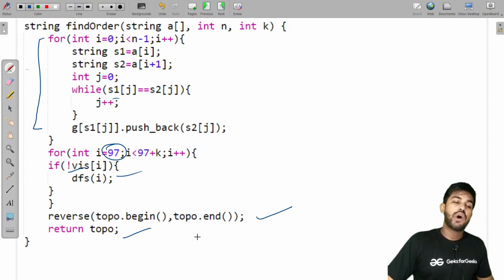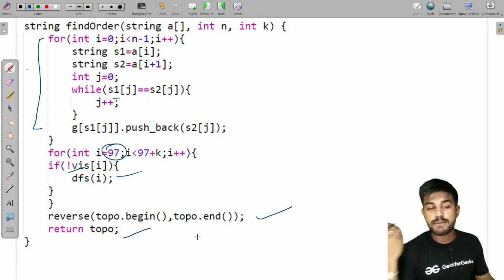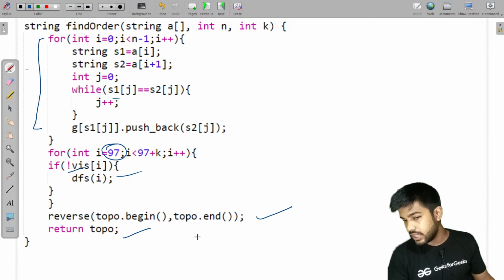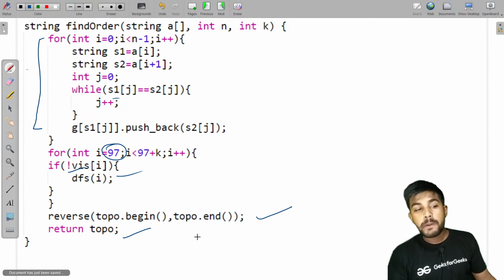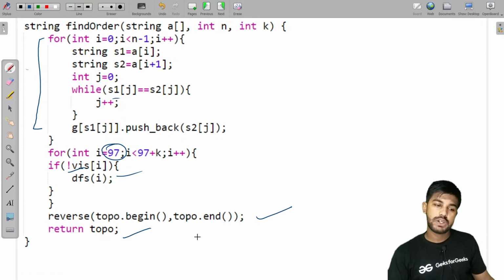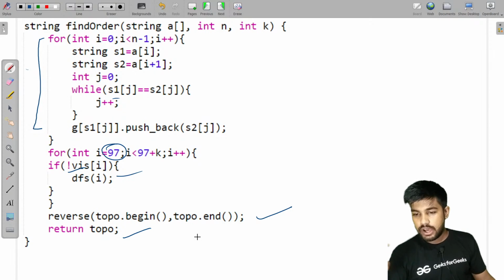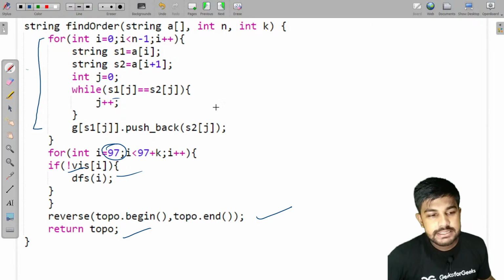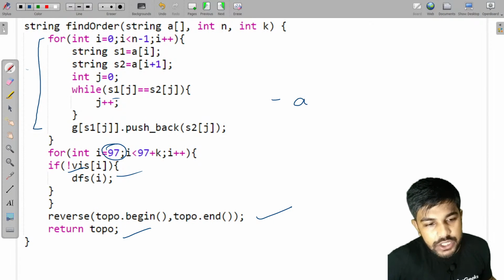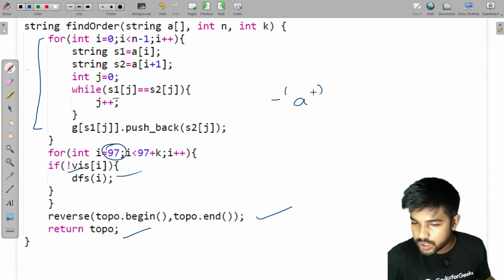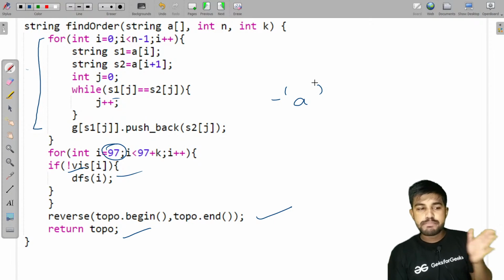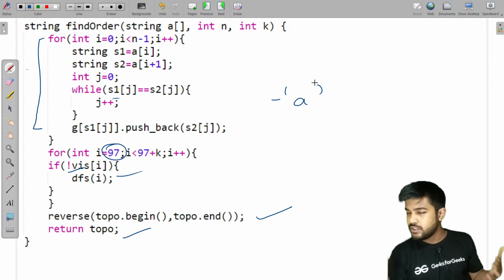Okay, now we are wasting some space here. Okay, it is negligible, but we are wasting it. Okay, so how to combat that? You can make an array of less than 30, and what you can do is you can simply use the ASCII values but subtract the value of a. Okay, I tried to keep this beginner friendly, so I didn't do that.